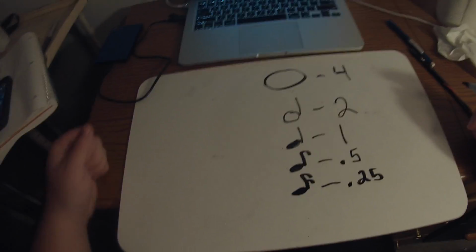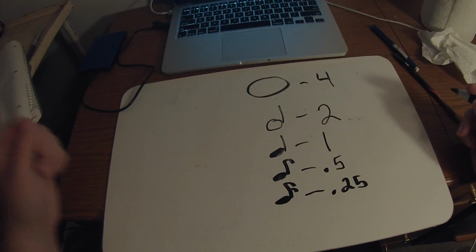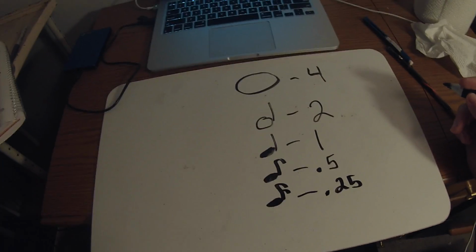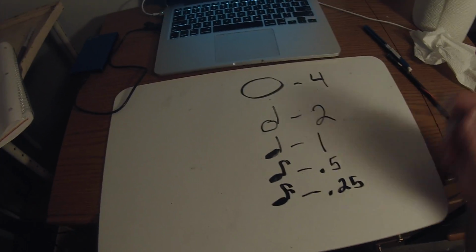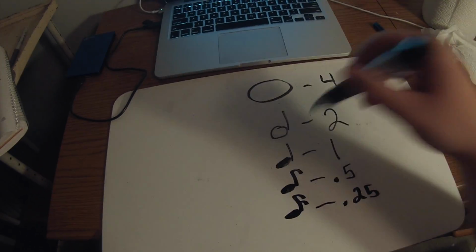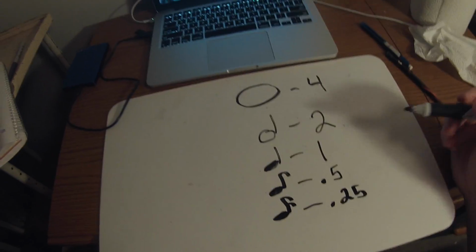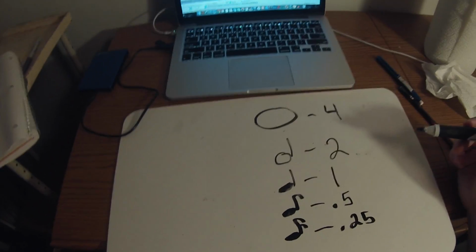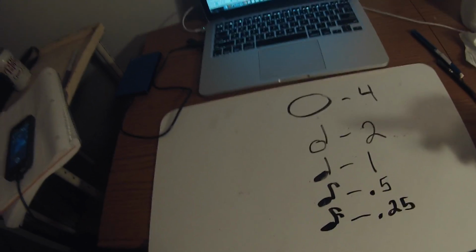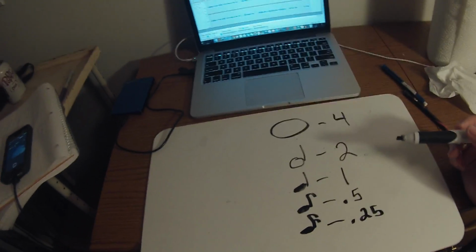So here's the beat. 1 e and a, 2 e and a, 3 e and a, 4 e and a. Okay, so it's 4 times as fast. 4 of these equals 1 quarter note, or 2 of these equals 1 eighth note. 8 of these equals 1 half note, and 16 of these equals 1 whole note.